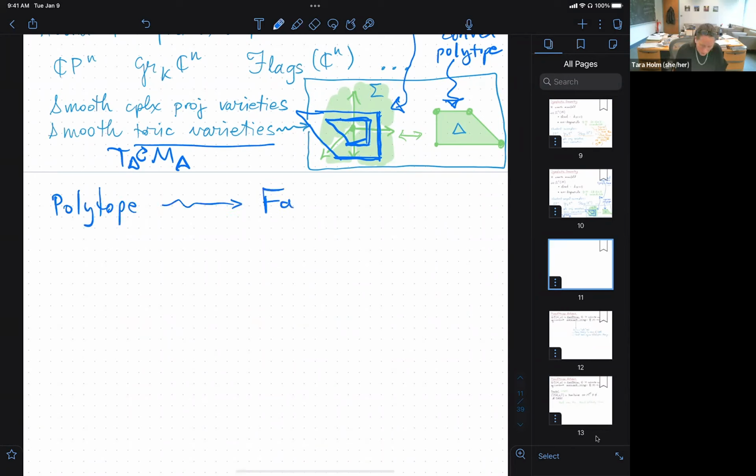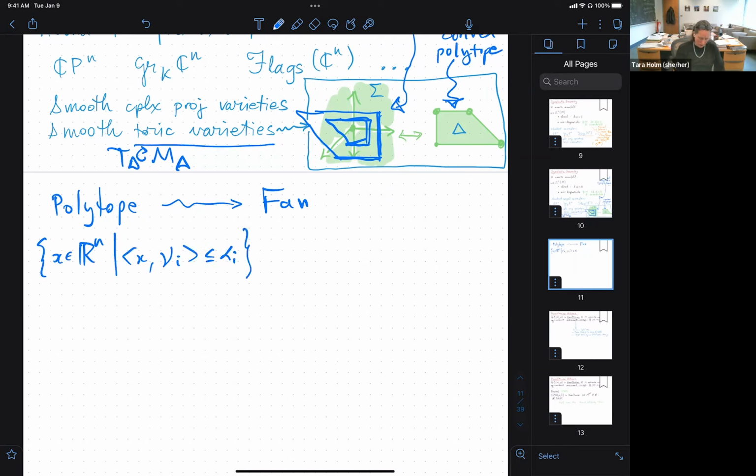Of course I'm hampered by the fact that I haven't defined fan or polytope, but I'll see what I can do. If we have a polytope, the polytope is defined to be the points x in some Euclidean space such that the pairing of x with the inward or outward pointing normal vectors is less than or equal to alpha i.